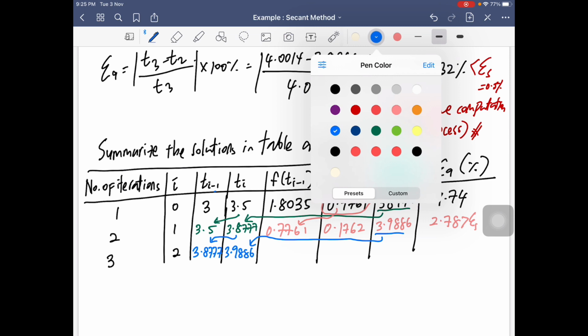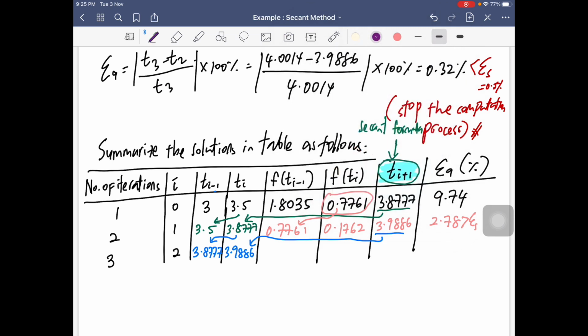Okay, and then this value here belongs to ft2, previously. Sorry, this belongs to ft1, so you bring it here, 0.1762.